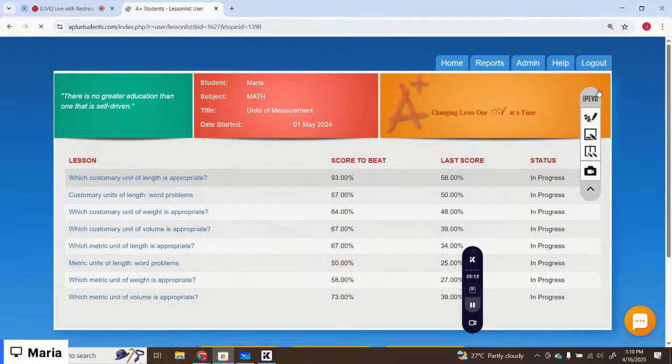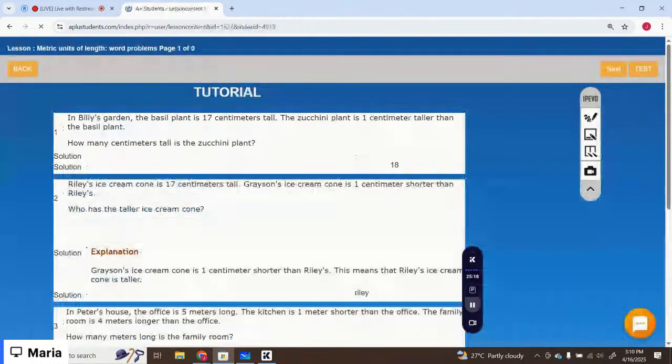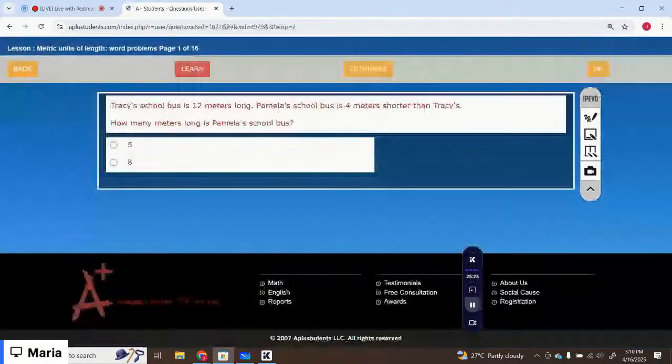Next lesson is metric unit of length word problems. Let's just start with the test questions so that we can do more questions. You can have a look at the tutorial by yourself today, right? Tracy's bus was 12 meters long.